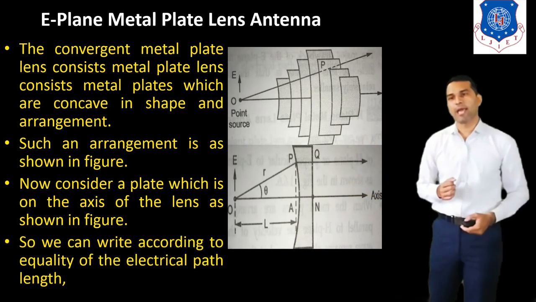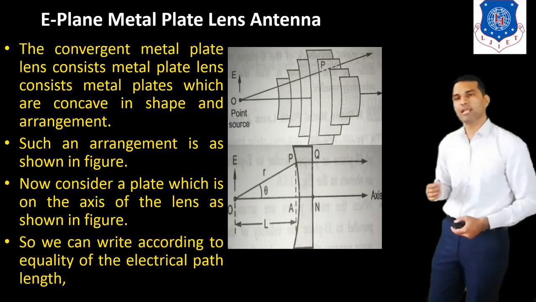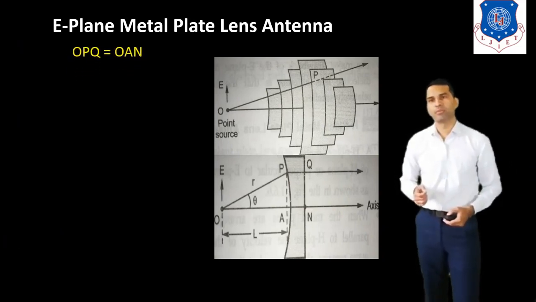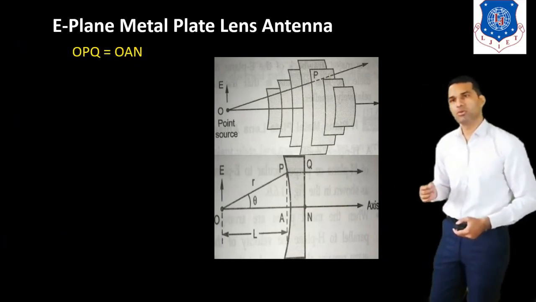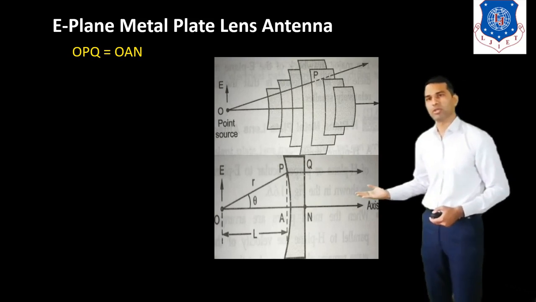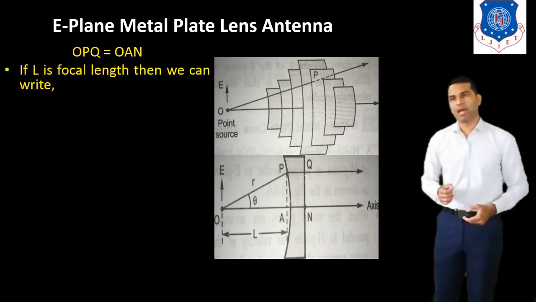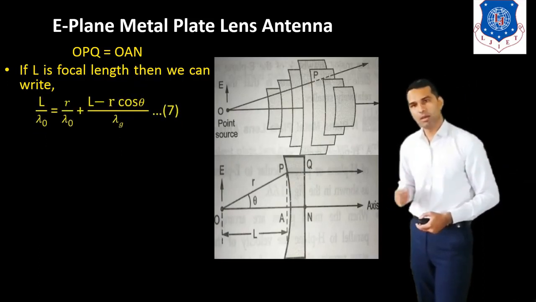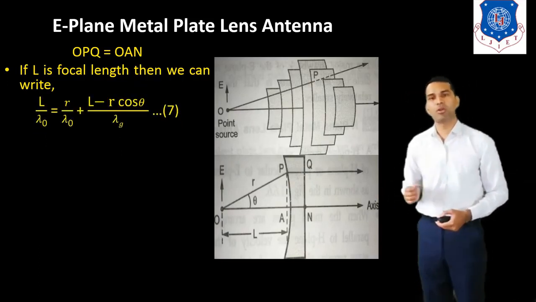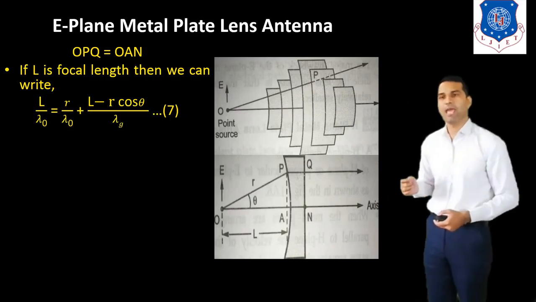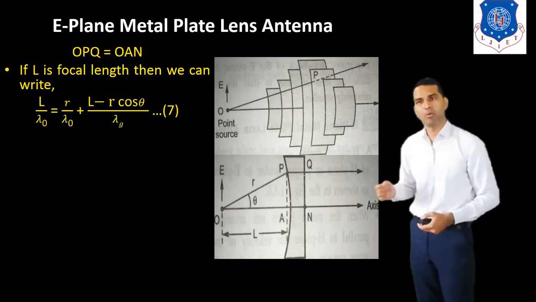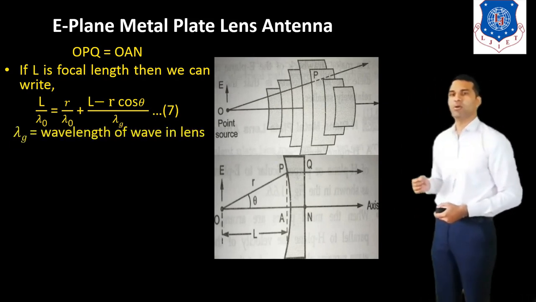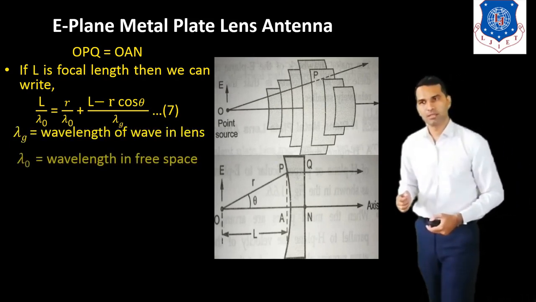So we can write, according to the equality of the electrical path length, OPQ = OAM from this figure. If L is the focal length, then we can write 1/λ0 = R/λ0 + (L - R cos θ)/λg. Here λg indicates the wavelength of the wave in the lens.